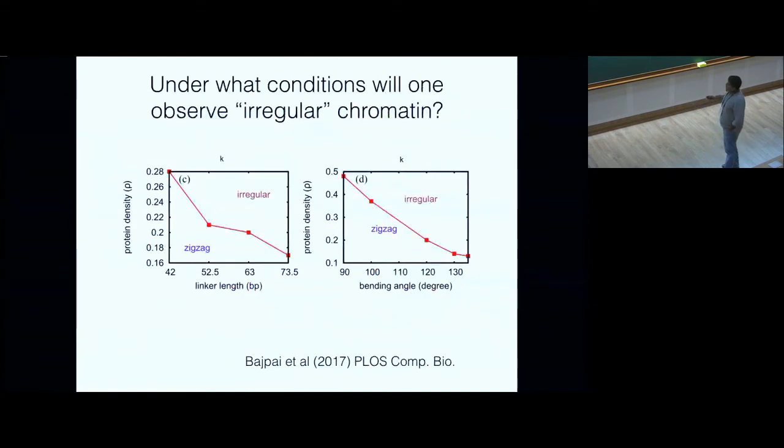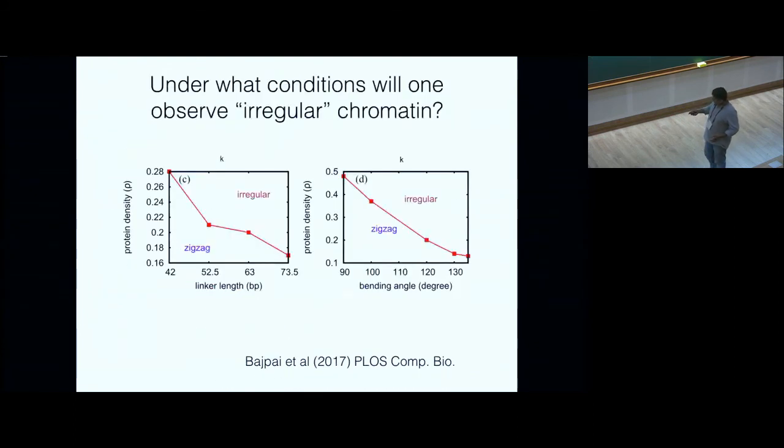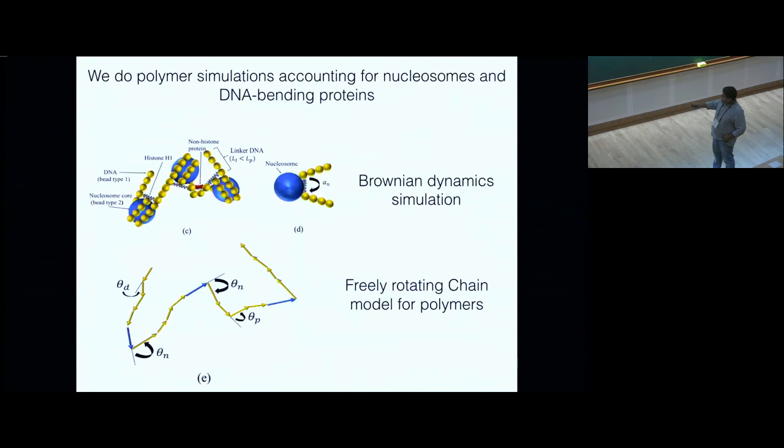Under what conditions will one observe irregular chromatin, and under what conditions will one observe regular structure? These are interesting questions. We could vary two important parameters. One is the linker length, the length between two nucleosomes.